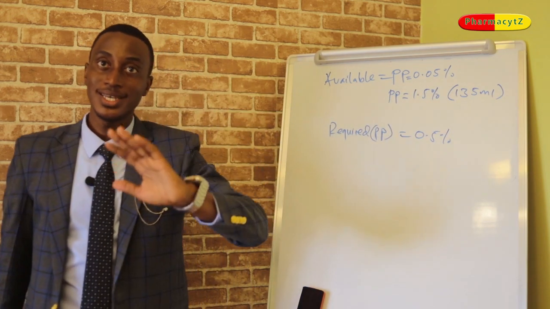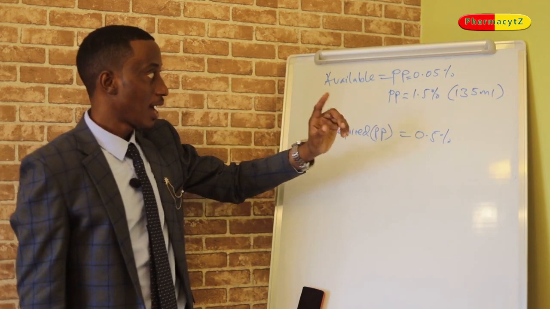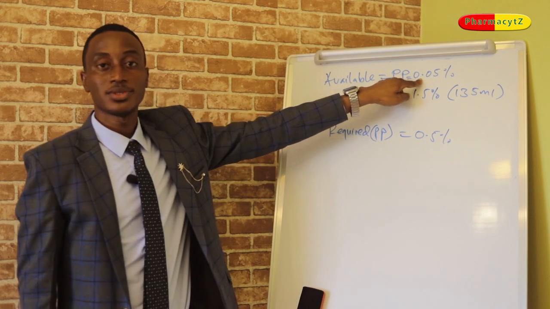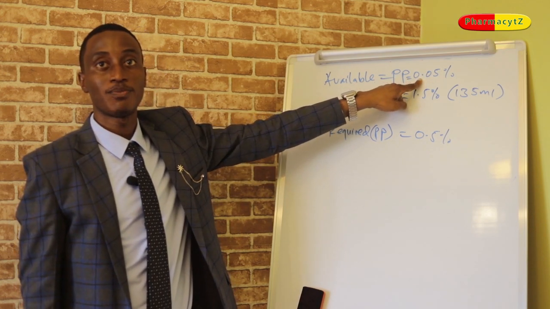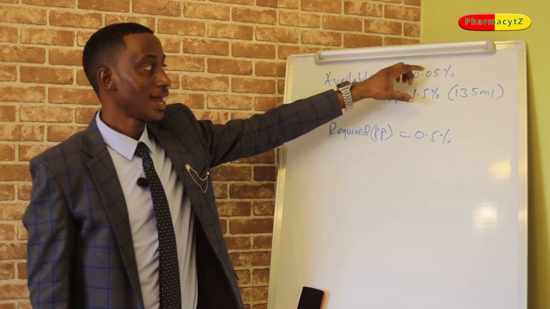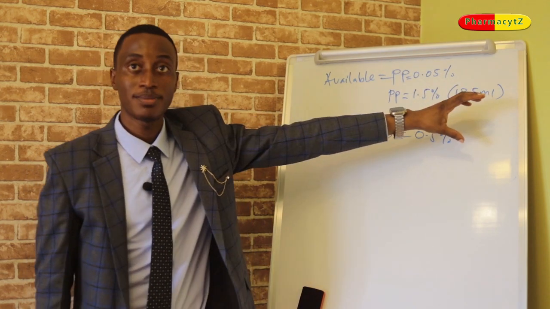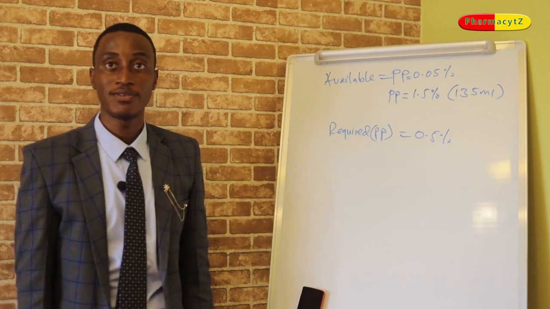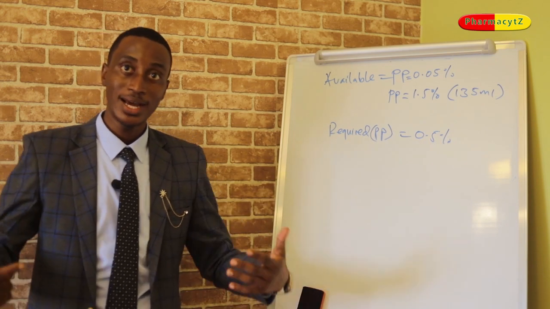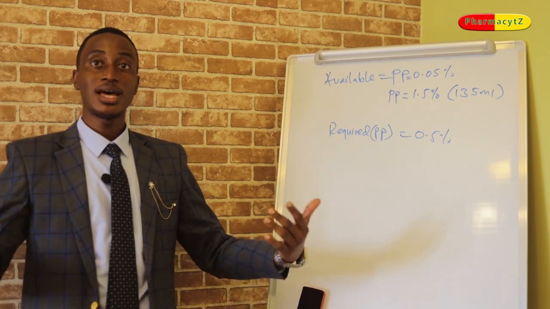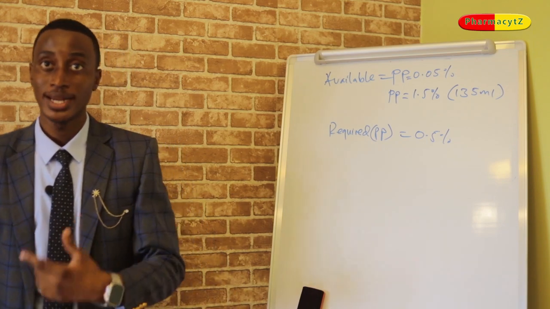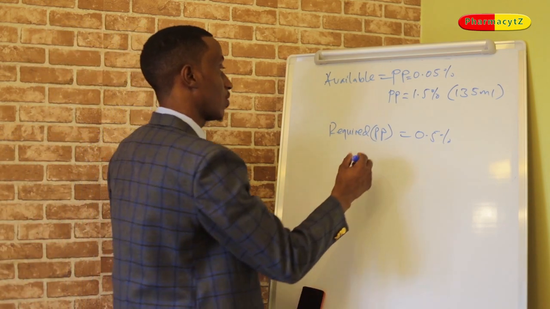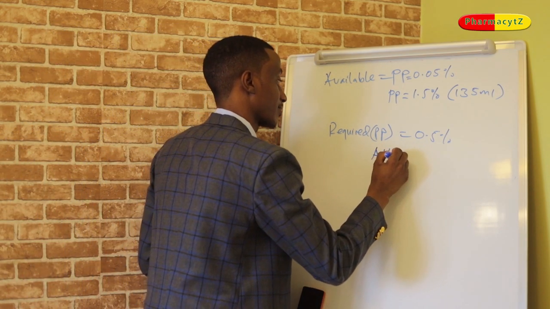So the question is, how much from this 0.05% potassium permanganate must be drawn and added to this other potassium permanganate to produce a third potassium permanganate of 0.5%. Then if we are lacking the quantity and we need the number of parts, then we need to employ alligation alternate. Okay, how do we alternate?